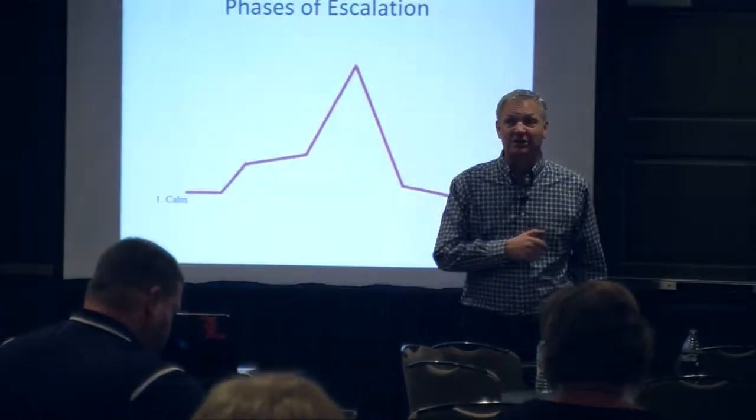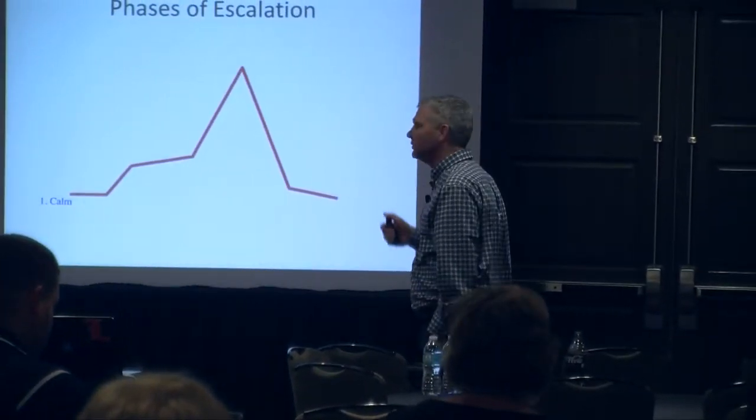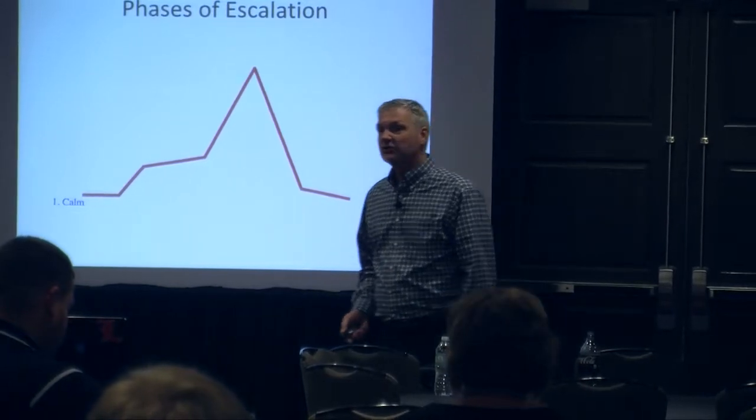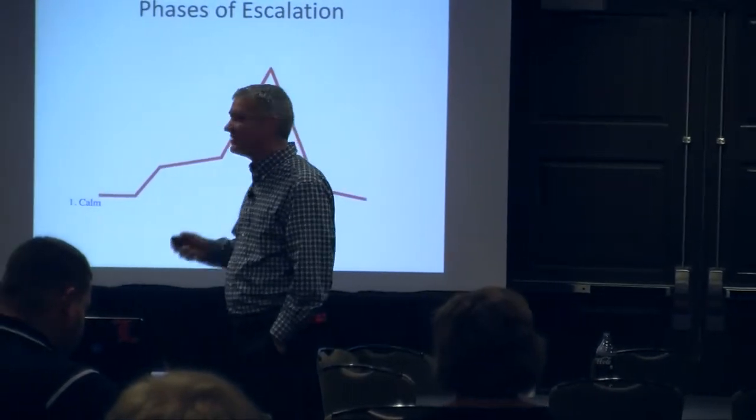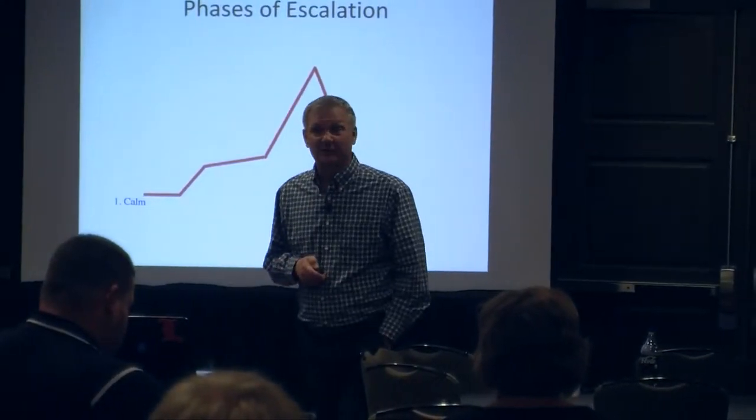Calm is your chance for instruction. No other phase in here works for instruction very well. So whenever we get up into the escalation, what we want to do is get rid of the escalating cycle as quickly as possible so we can get back to instruction. Trying to use instruction inside the cycle can cause us problems.